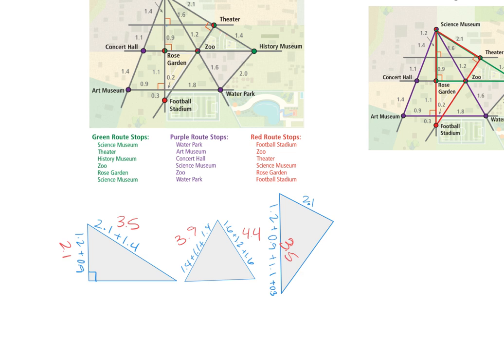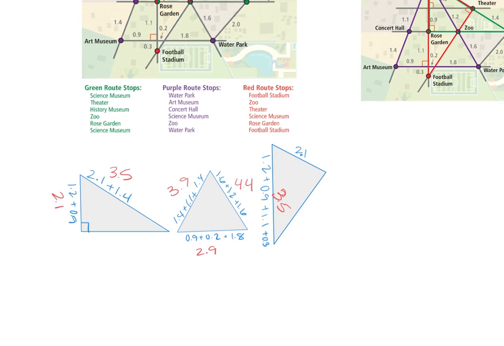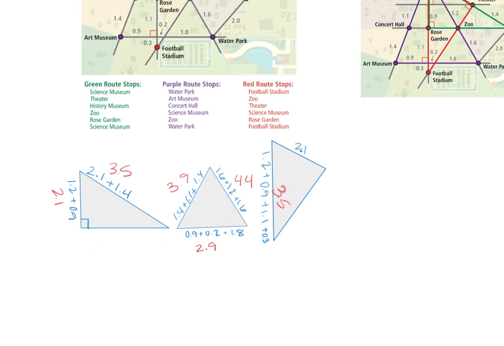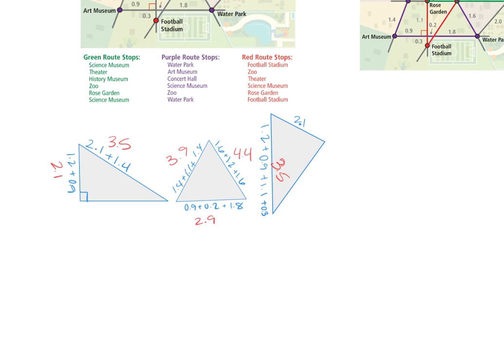And they wanted to know if any of the routes were congruent. Oh, I missed one side here. Down here, this is 0.9 to 1.8. That one would be 2.9. All right, so they wanted to know if any of our routes were congruent, and I can see that my green route and my red route are congruent.